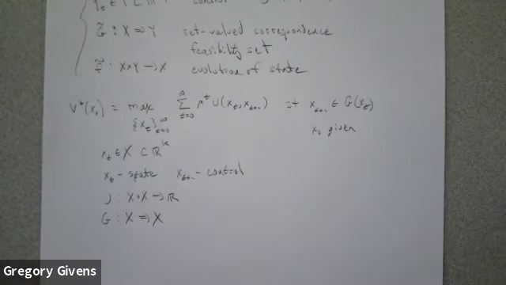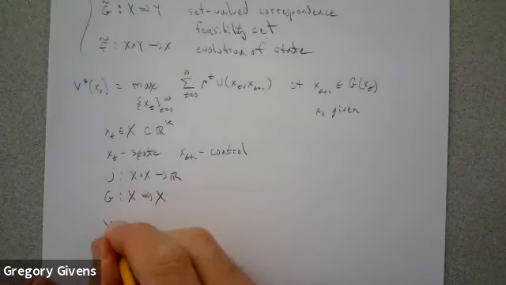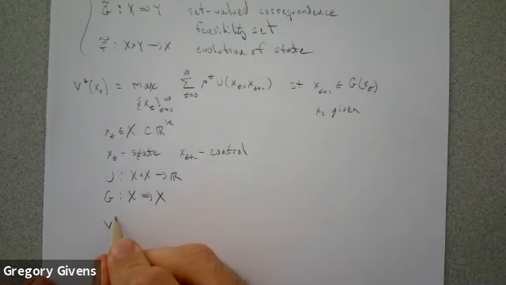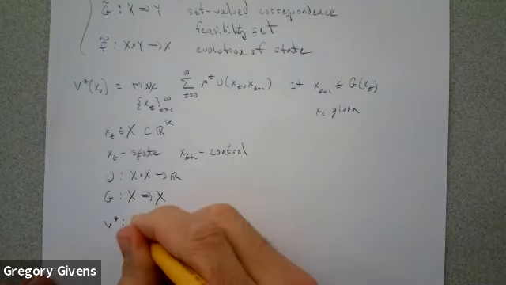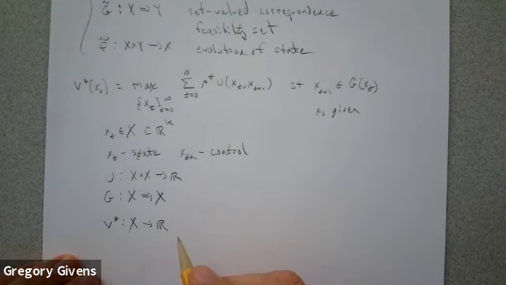So G shows all the feasible values of xt plus 1 given what xt is. Now, one other piece of notation that has been developed here is this function V star. This is a function that maps elements of x into the reals, and it is indeed a function. This has a very important place in the study of dynamic programming. It's called the value function.